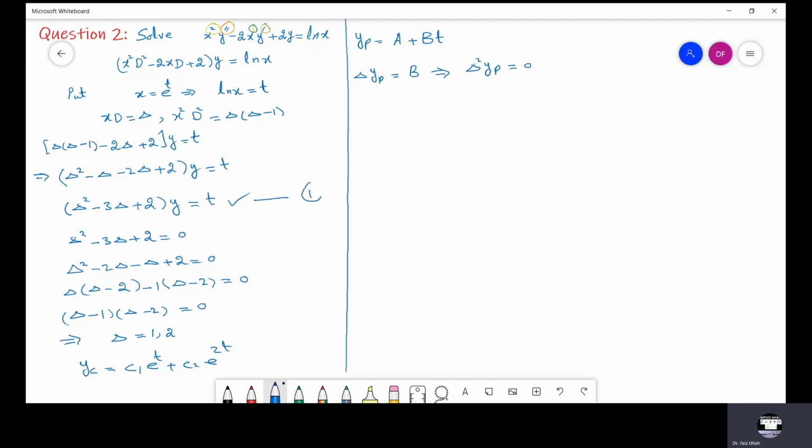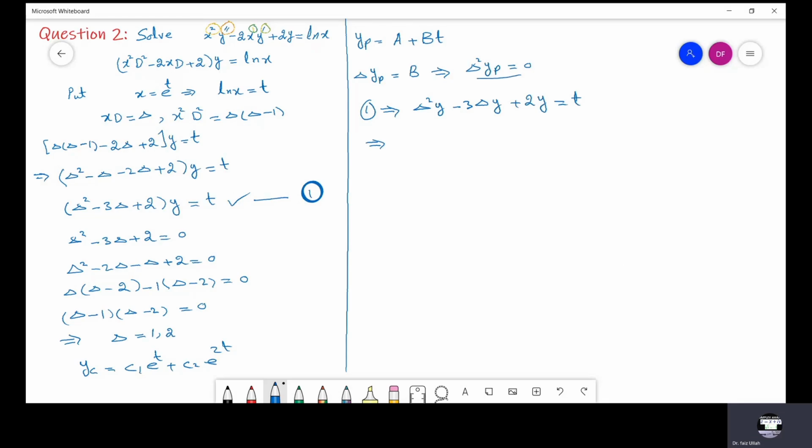Therefore, from equation number 1, now we can also write equation 1 as delta square y minus 3 delta y plus 2 y is equal to t. So let us put values in this equation.